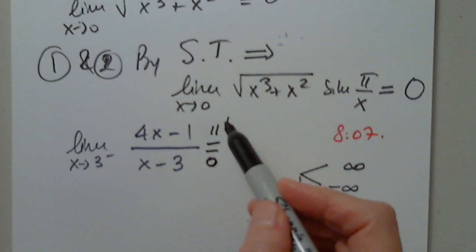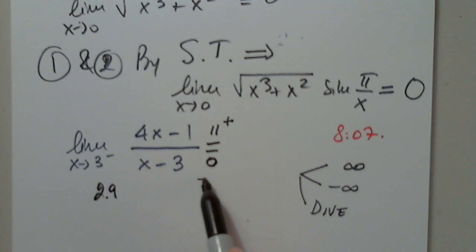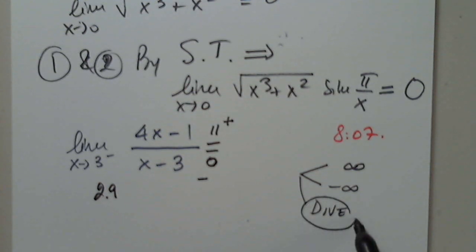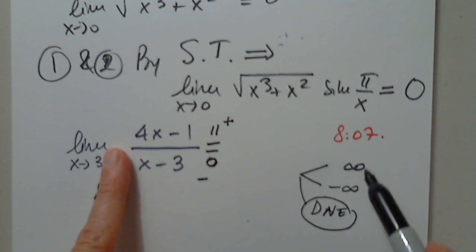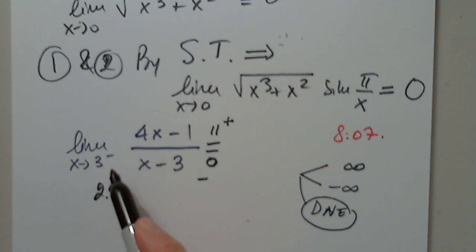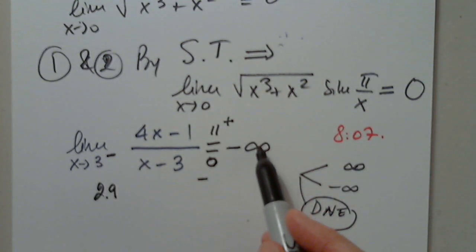The numerator stays positive, but 3 from the left means 2.9. 2.9 minus 3 is negative. I cannot write DNE. If it were from either side, I would have had to calculate both, and it would have ended up DNE. But it's not from either side. It's from the left. So positive over negative would be negative infinity.